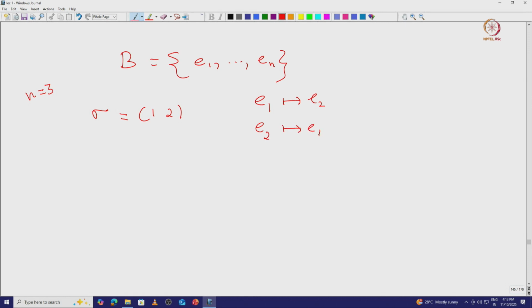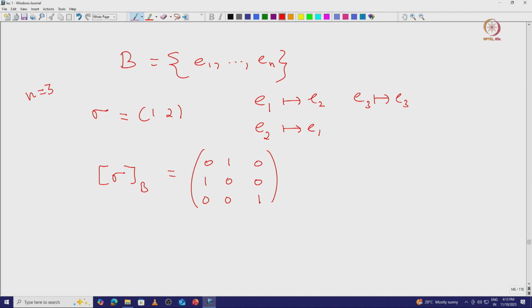So, that means the matrix of sigma with respect to B is exactly going to be, because E1 is mapped to E2 and E3 is mapped to E3, 0 1 0, then 1 0 0, and then 0 0 1.